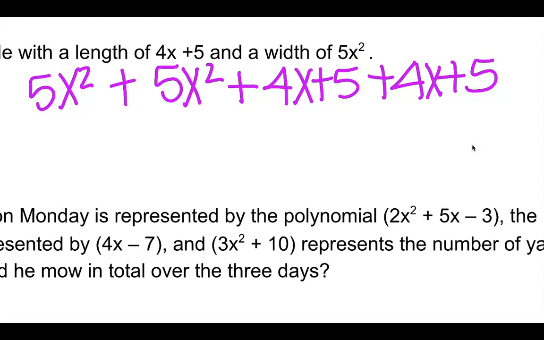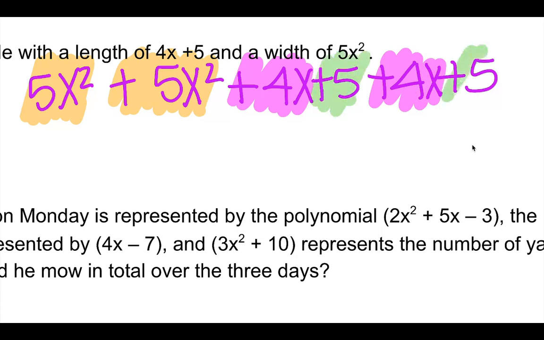It's got to be a base of x and then the power that goes together. So the x squareds can only go with x squareds. X's can only go with x's. And then just plain old numbers can only go with plain old numbers.